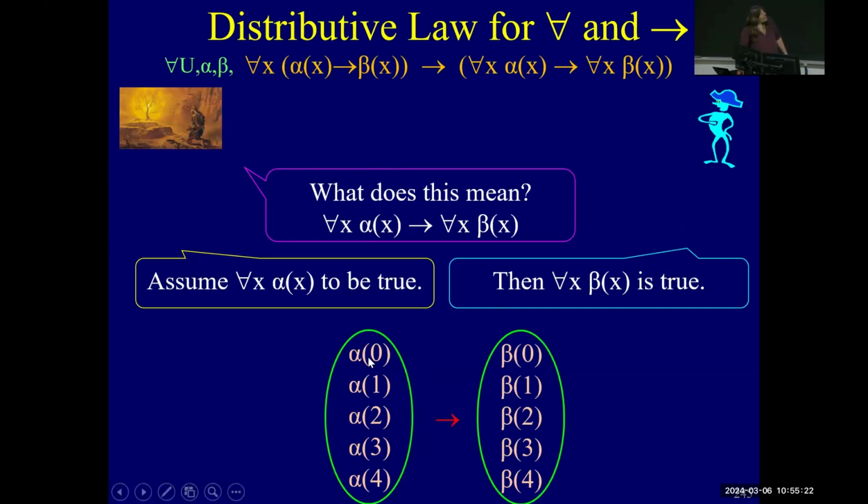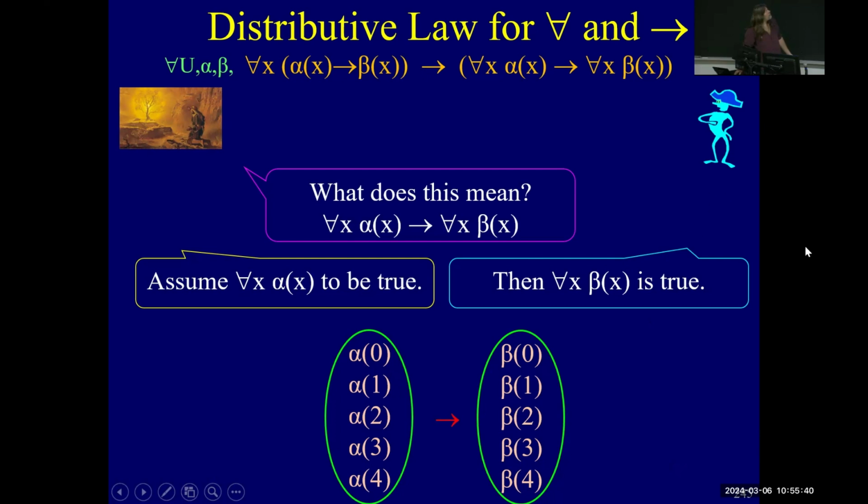Suppose you only know that only 0 wants to play. Then what do we get? Does 0 get to play?